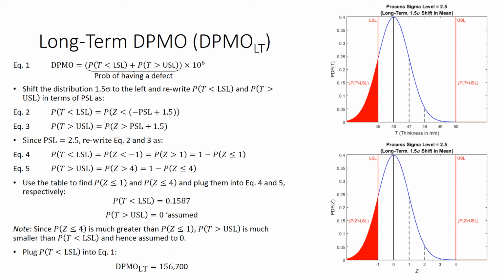Probability of t greater than upper spec limit is equal to probability of z greater than 4, which is in turn equal to 1 minus probability of z less than or equal to 4. So let's go back and use our table to calculate the probability of z less than or equal to 1 and probability of z less than or equal to 4.